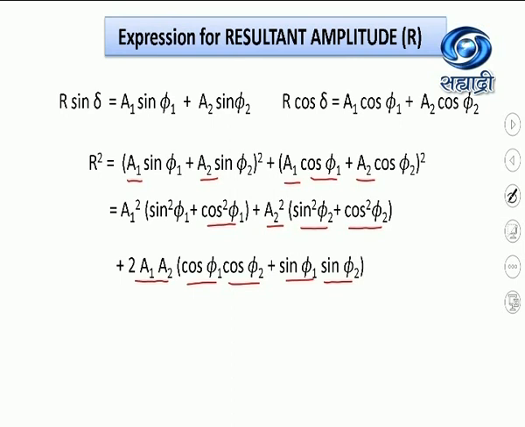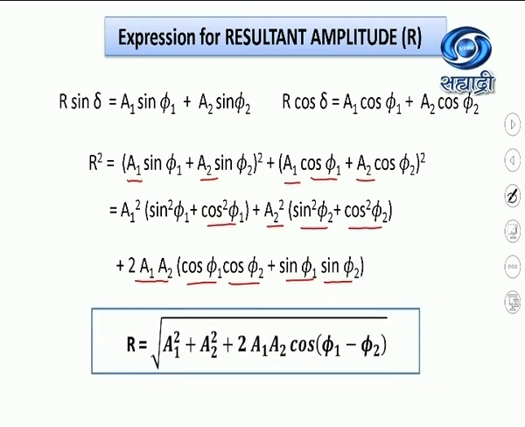After simplifying and taking the square root on both sides, we get the final expression for the resultant amplitude: capital R is equal to root of A1 square plus A2 square plus 2A1 A2 cos of phi 1 minus phi 2. This is because the bracketed term which we obtained as the third term along with 2A1 A2 is a trigonometric identity: cos of phi 1 minus phi 2 is equivalent to cos phi 1 cos phi 2 plus sin phi 1 sin phi 2.